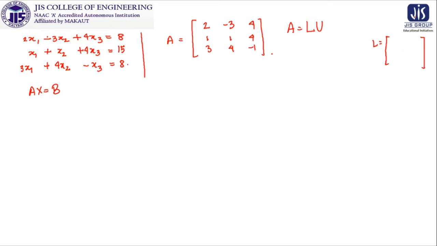So here we are taking my L as L11, 0, 0; L21, L22, 0; L31, L32, L33, and my capital U is, obviously now you are very comfortable with this concept, 1, U12, U13, then 0, 1, U23 and 0, 0, 1.